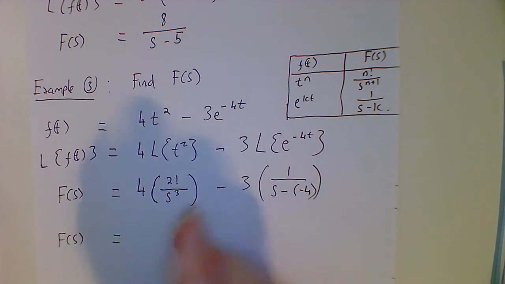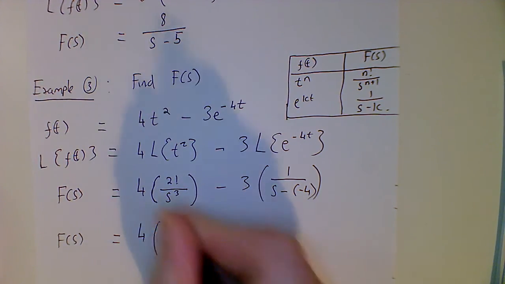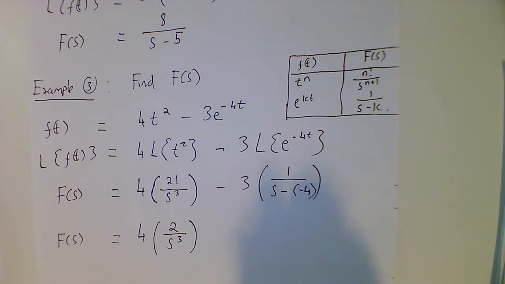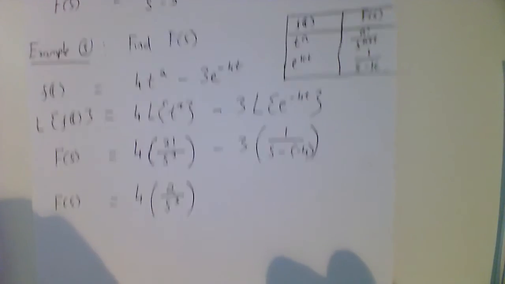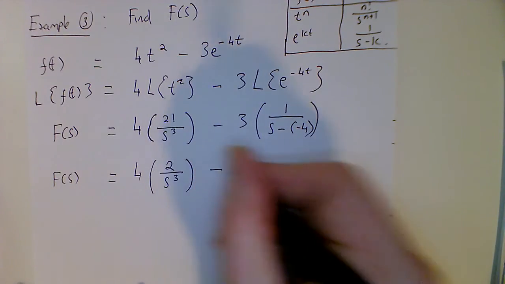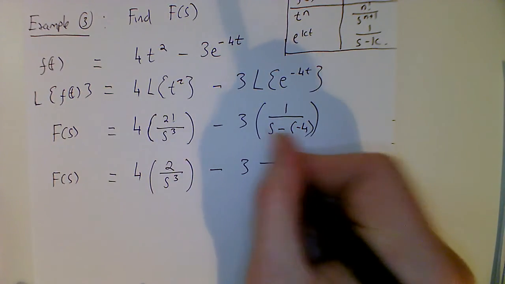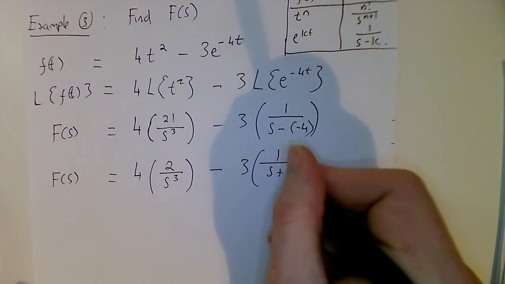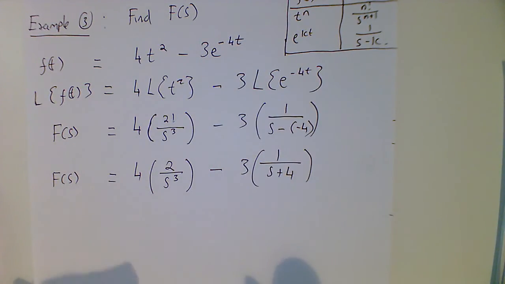Let's just have a little look and sort this out. So 2 factorial is 2. And if we subtract a negative, it becomes an addition.